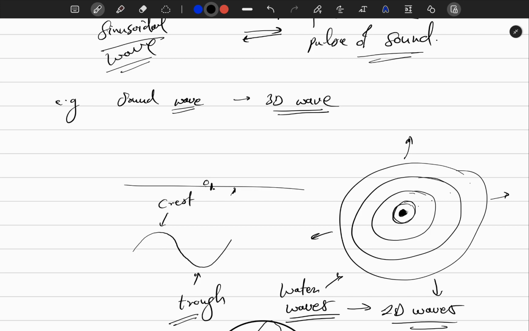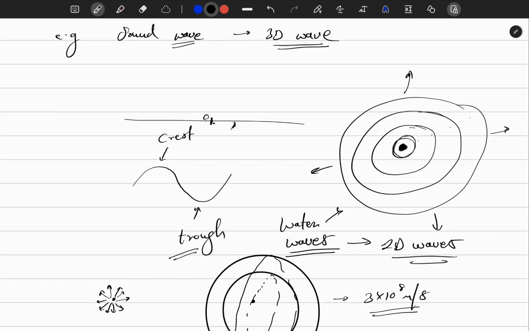This source is emitting its energy in these waves. For example, the pebble you throw in the water pond, its energy is transferred to the different regions of the water by these waves.